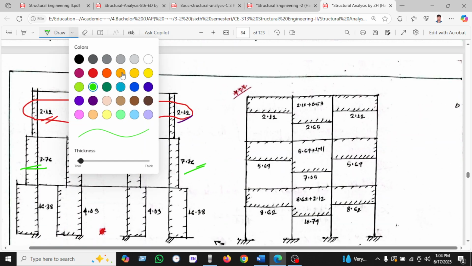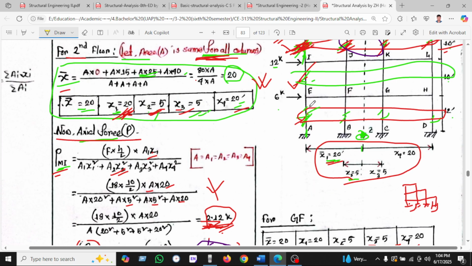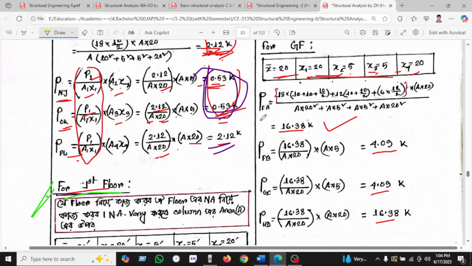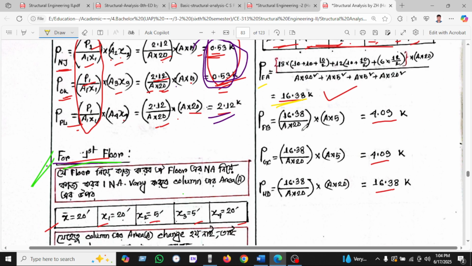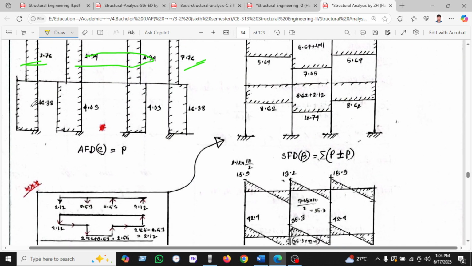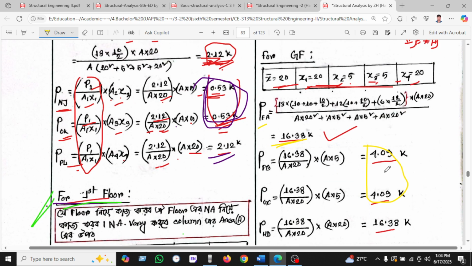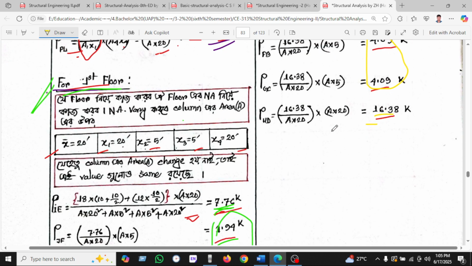And the last one we will see is the ground floor. This is the ground floor. So P is 16.38. So this column is 16.38 for axial, 16.38, and 4.03 and 4.03 here, and the last one is 16.38.